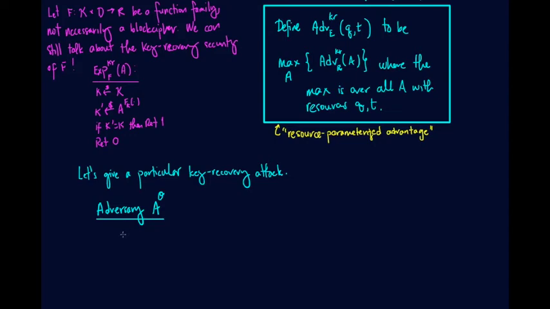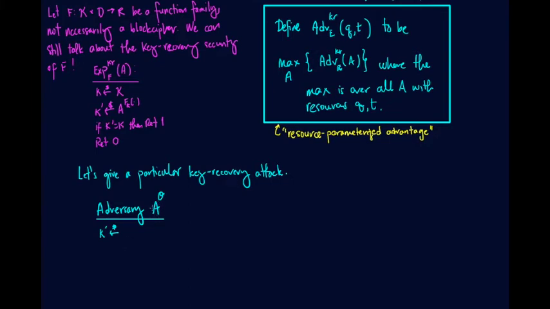Okay, so what do we know? Let's make a really stupid adversary. Ready? Let's do this. Adversary A just does this. It samples K prime uniformly from, well, we know what the key set is. I just want to have an adversary that picks a key uniformly at random, and it has to pick it from the right set.